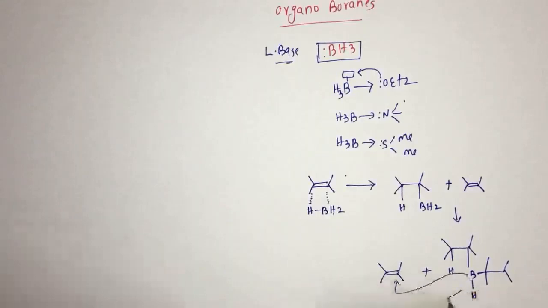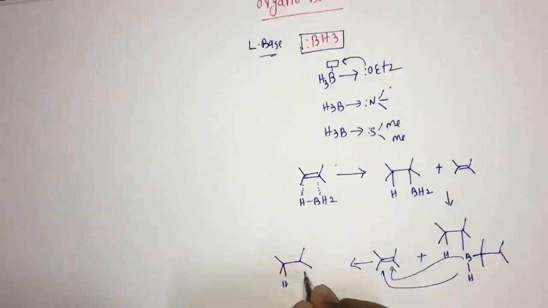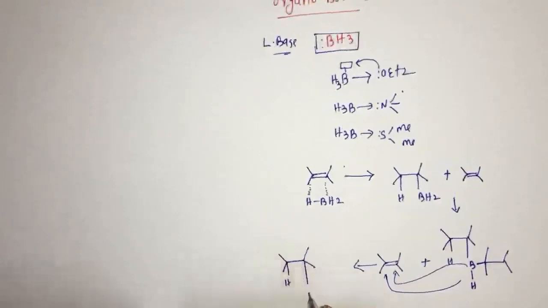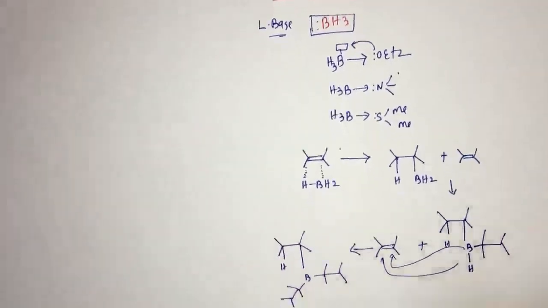Boron goes here, hydrogen goes here. So this is a trialkylborane. One BH3 can react with three alkenes.